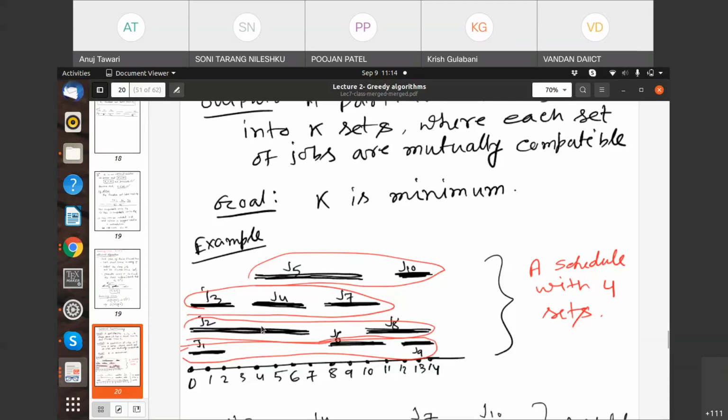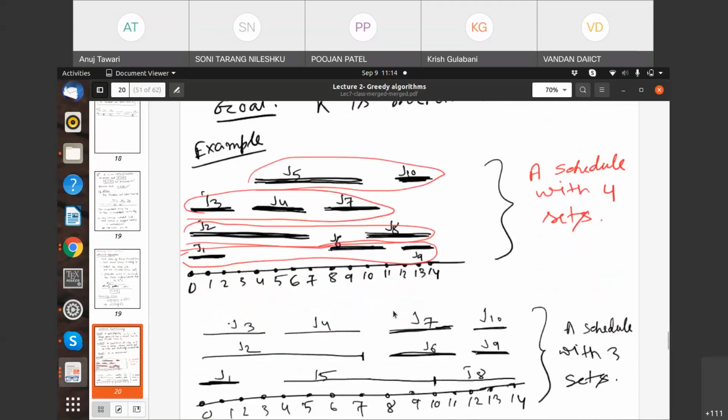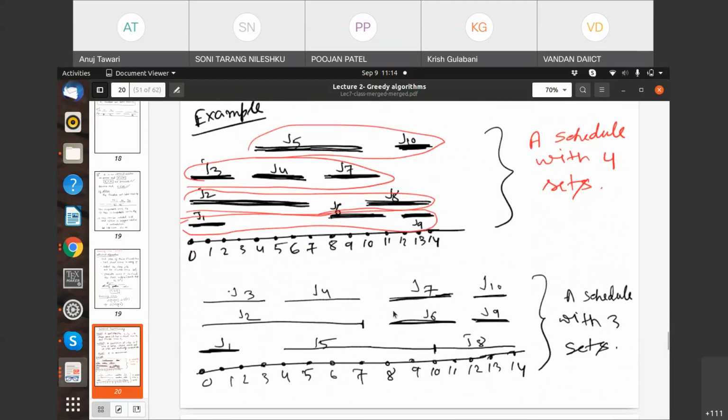So J2, J6, J9 and J1, J8. Okay. So in set J1, J8, J5 can be included, and in set J3, J4, J7, J10 can be included. Yeah. Sure. That's the exact thing. And you can have a schedule with 3 sets. Exactly the same idea which you were talking about.